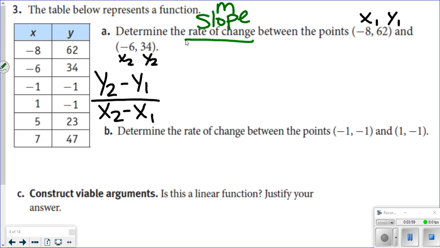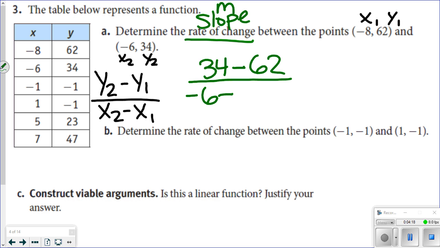So we have y2, which is 34, minus y1, which is 62, divided by x2, which is negative 6, minus x1, which is negative 8.